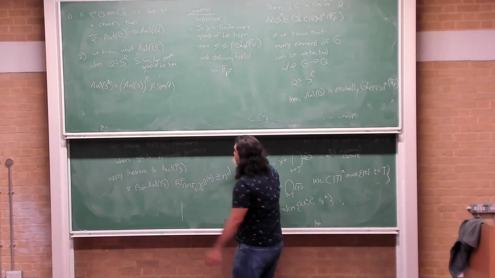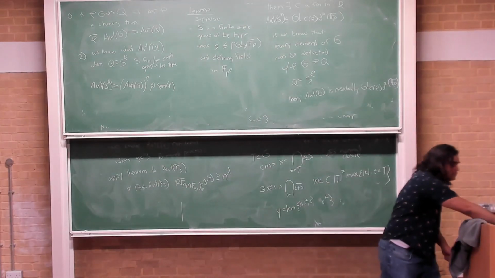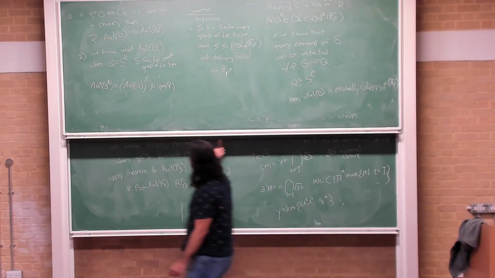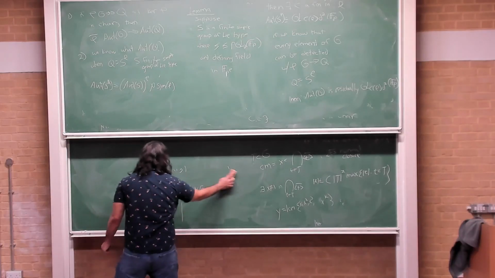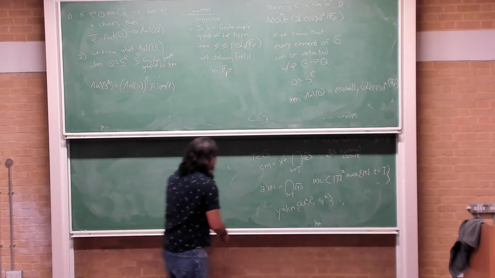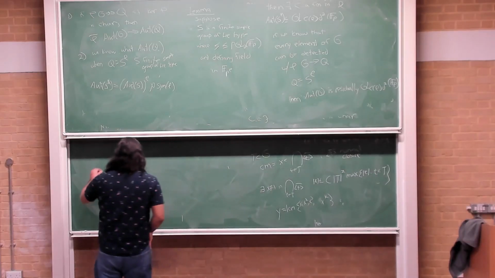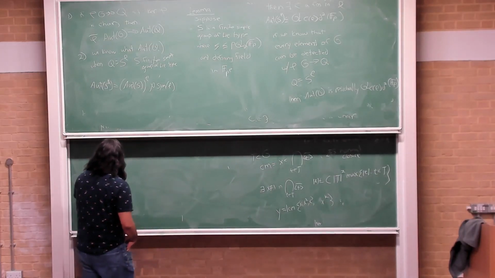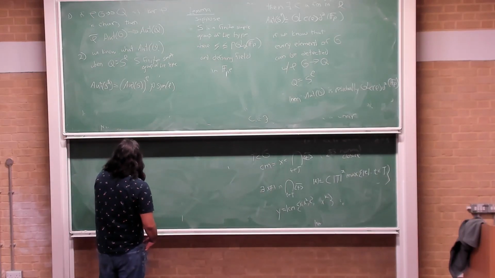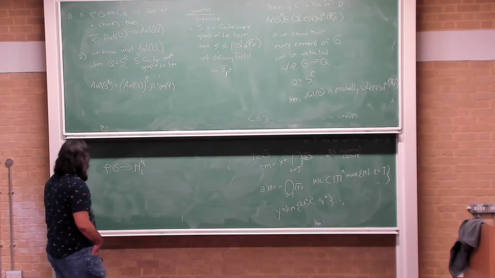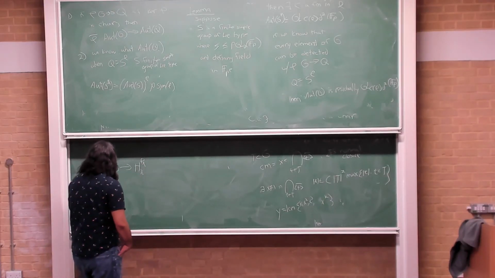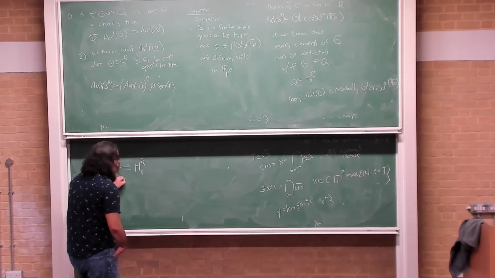For instance, one way to see that is if I have a morphism that goes from my group G to some group H_x, L_x, so that this is non-trivial.